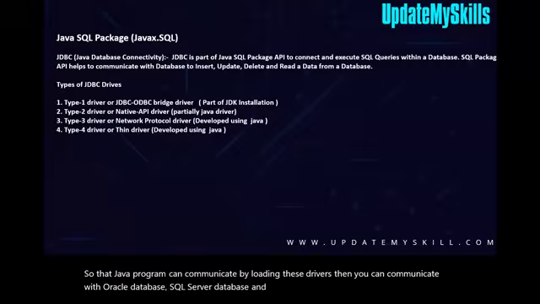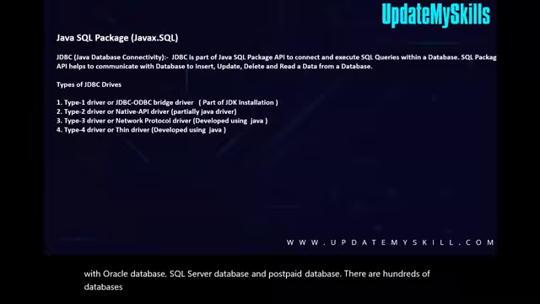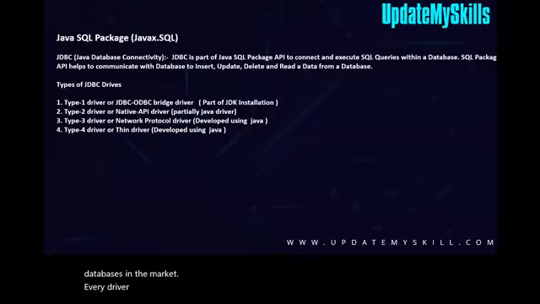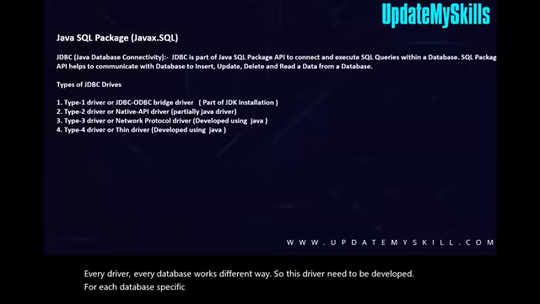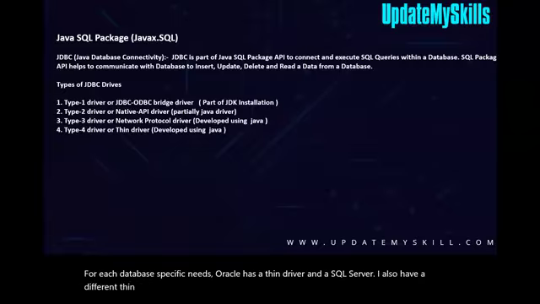There are hundreds of databases in the market, and every database works in a different way. So these drivers need to be developed for each database's specific needs. Oracle has a thin driver, SQL Server has a different thin driver, and Postgres also has a different thin driver. They develop the drivers independently for their own databases.